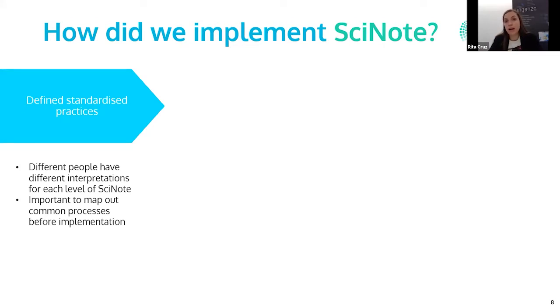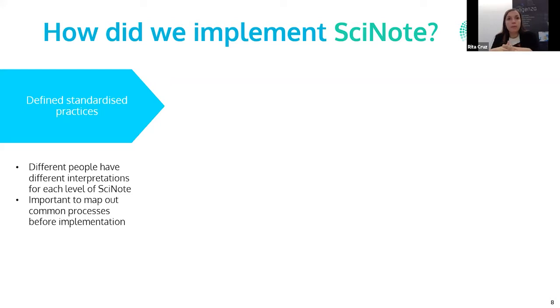The highest level is the team level, and then within a team you can have different folders, and then you get project, experiment, task, and within the task you have different tabs as well, for instance, protocols and results. So there are different levels in the system, and they are very useful to organize a project, particularly from a project management perspective.